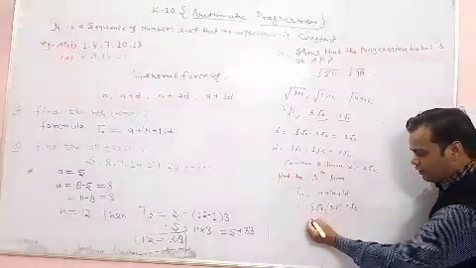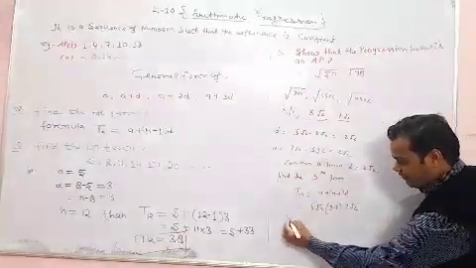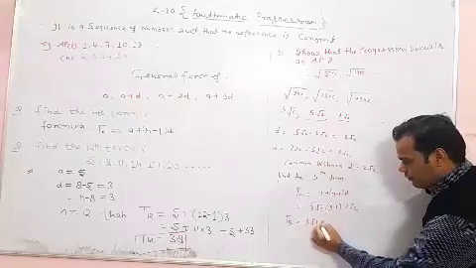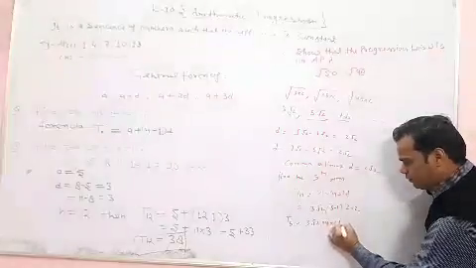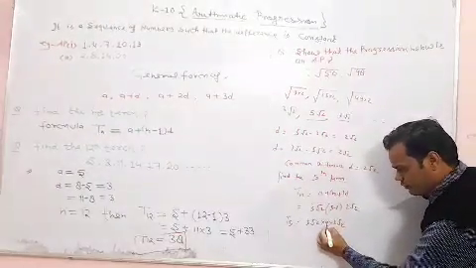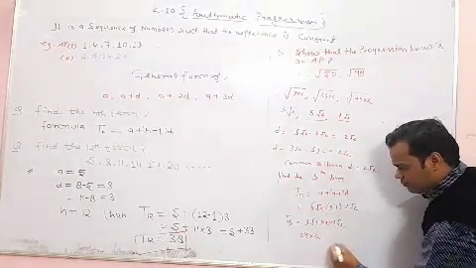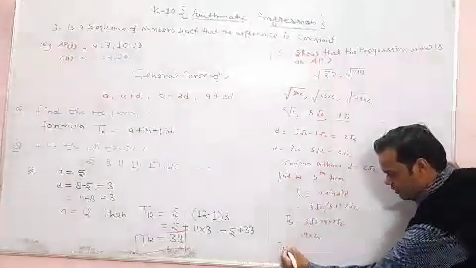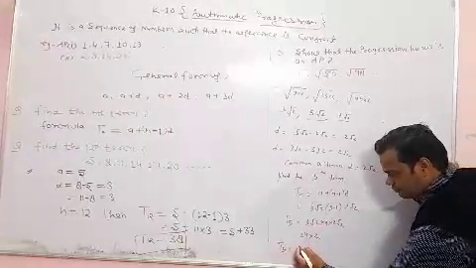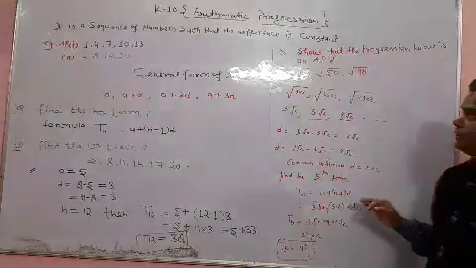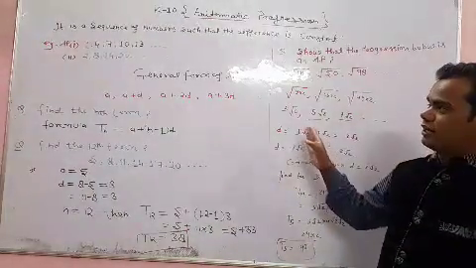So then your T5 is 3 root 2 plus 4 into 2 root 2. Then 4 twos are 8, 8 threes are 24, 24 into 2, then your T5 is 48.